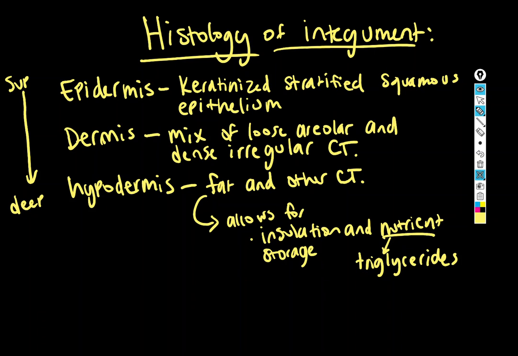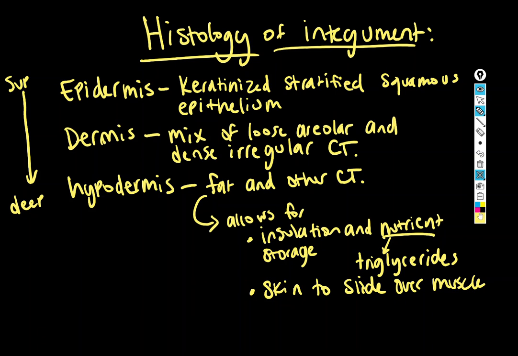So you have a subcutaneous fuel source as well as insulation, and it also allows for skin to slide over the underlying muscle so that your skin is not adhering to your muscle. So these are the kinds of things that we're going to look at and observe when we look at the histology of the integumentary system.